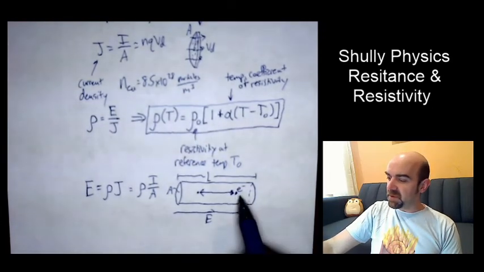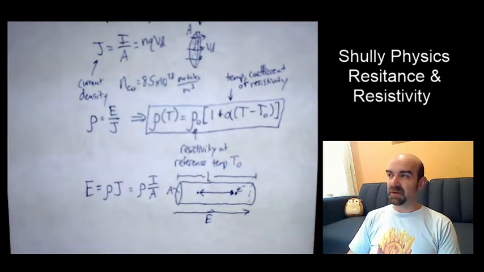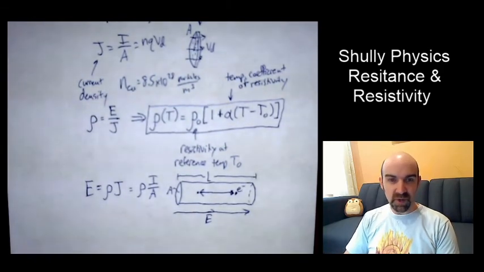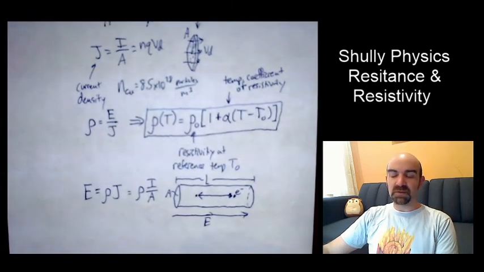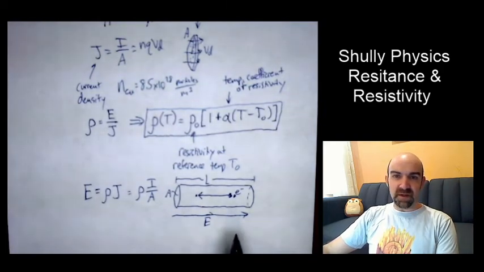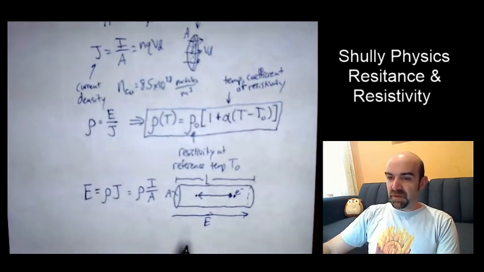So there is a tiny bit of work done to do this, and it usually comes out in the form of heat. It tends to heat up the wire. When you turn a circuit on, it heats up the wire. So work is done, vibrates those molecules, and that actually in itself changes the resistivity of the wire. We'll see some effects of that later on in the course. So, long speech over.